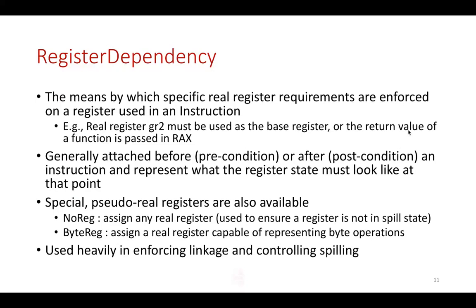If you start introducing branches, the local register assigner on any architecture doesn't know anything about control flow. It can't follow it. It doesn't know that this register was spilled on this path but not spilled on that path, and it cannot maintain that state at all. So the way we get around that is by managing that spill state yourself, and the way that we do that is with these no-reg dependencies.